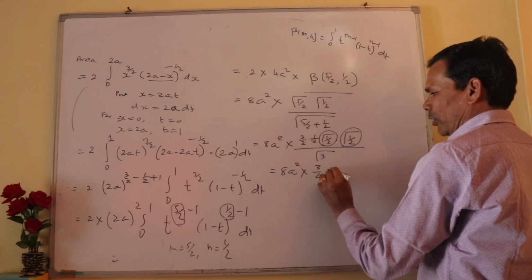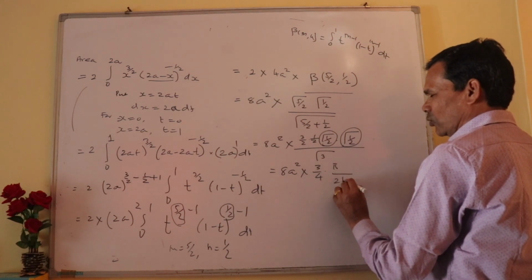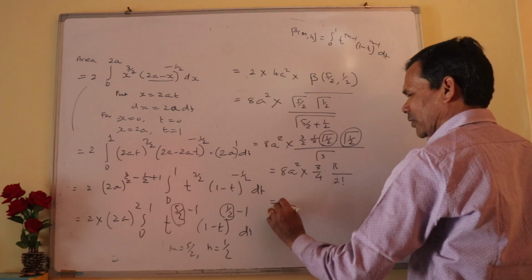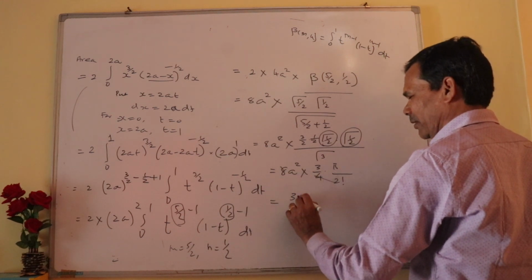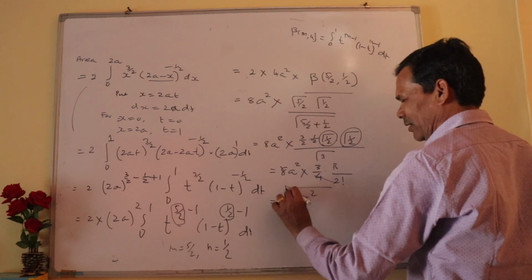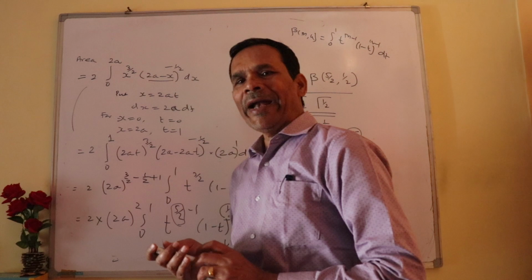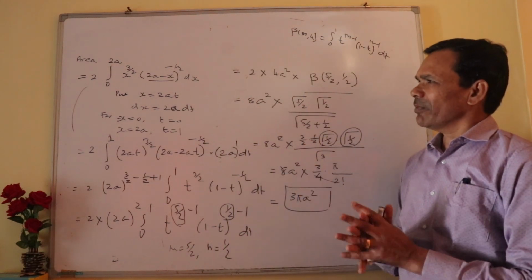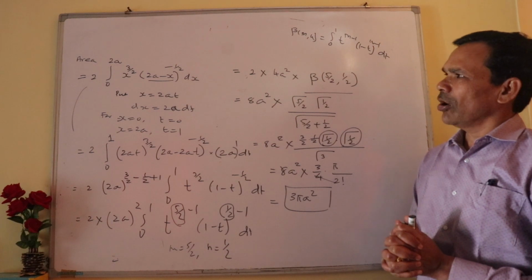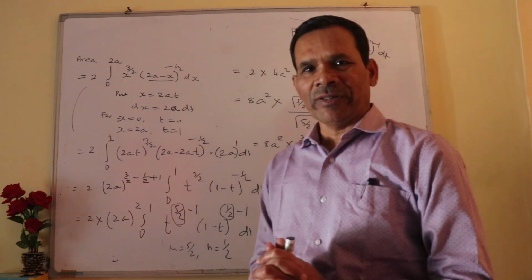So 3 by 4 into pi divided by 3, gamma 3 means 2 factorial. So we simplify this, and this 8 gets cancelled. So 3 pi a square is the area bounded by this curve and its asymptote. So this is the way you can find area in Cartesian or polar form by using double integration.